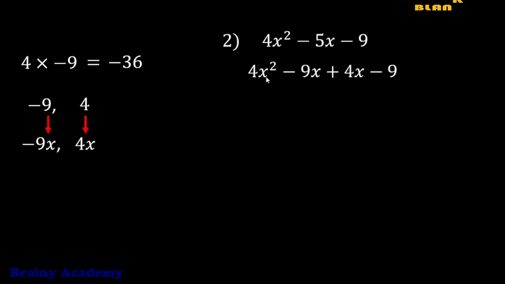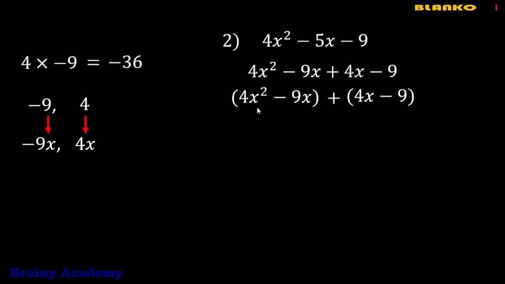So the expression becomes 4x squared minus 9x plus 4x minus 9. So let's group the terms now. We have 4x squared minus 9x in a bracket, plus 4x minus 9 in a bracket.